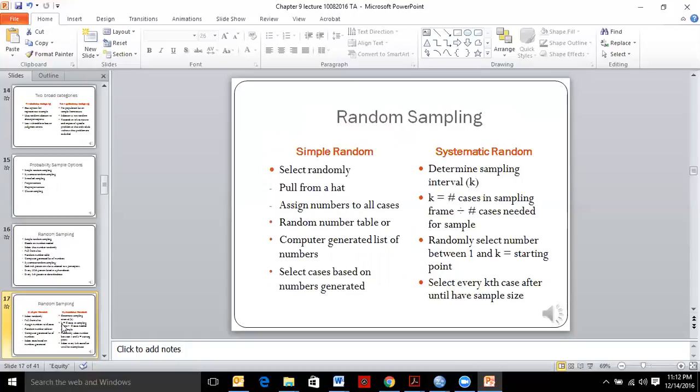So in this table, we can see that in simple random sampling, we select randomly.